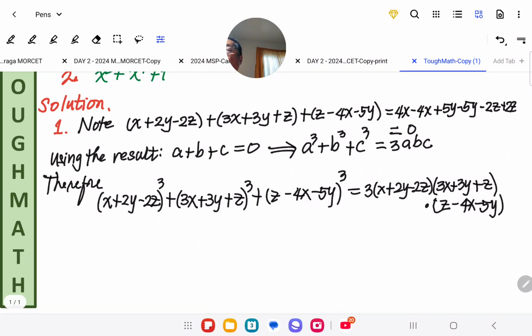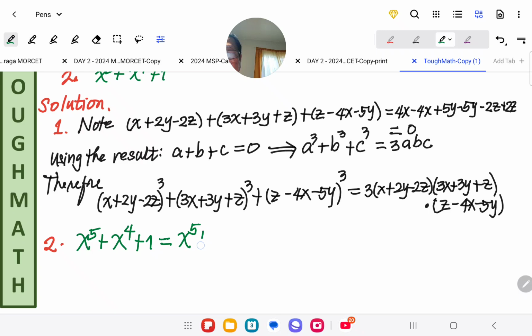So now we go to the second problem, number 2. We have x^5 + x^4 + 1 equals x^5 + x^4.